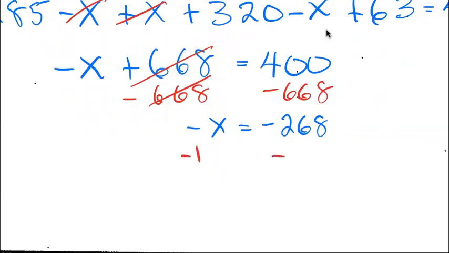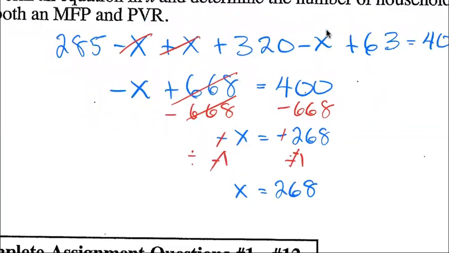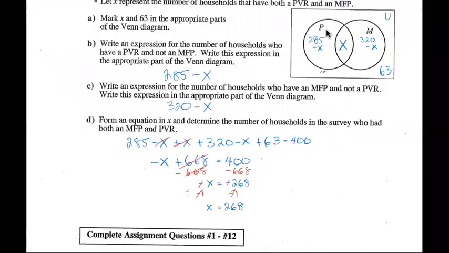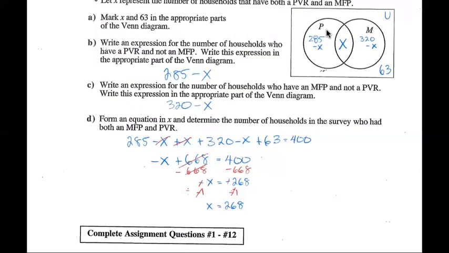Divide this by negative 1. These negatives will cancel. That will leave me with just X. These negatives will cancel. That will just leave me with 268. So there are 268 people who have both an MFP and a PVR.